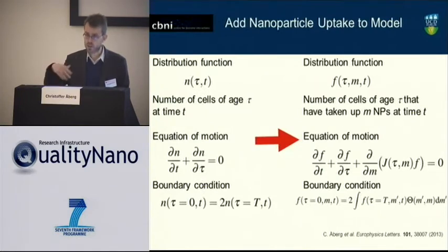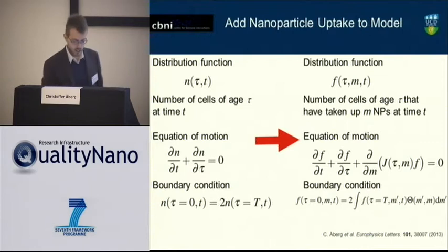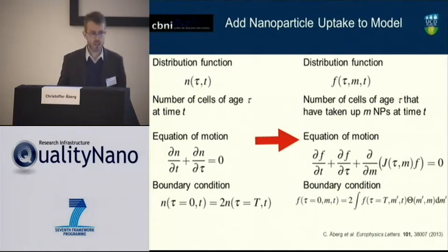So going further, we just introduce a second parameter to this distribution function that measures the number of nanoparticles in each cell. Again, I don't want to discuss too much of the mathematics, but one important thing is the flux here. Depending on the experiment, if we have an experiment where particles are continuously taken up, we assume that there is a given flux into cells.